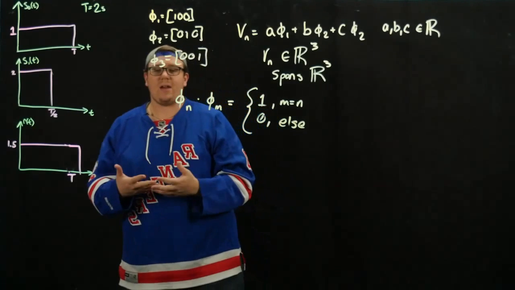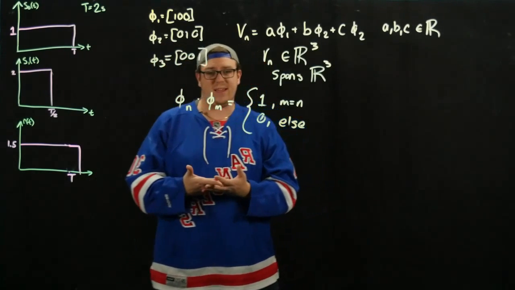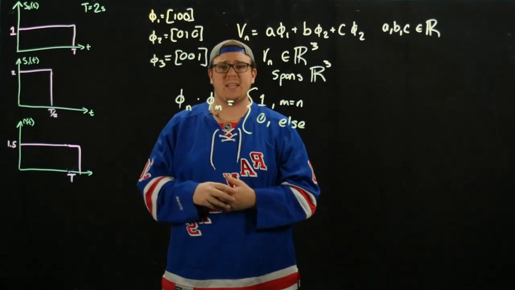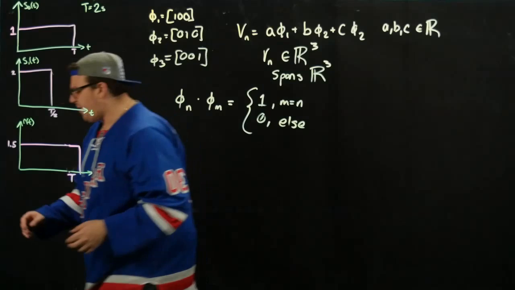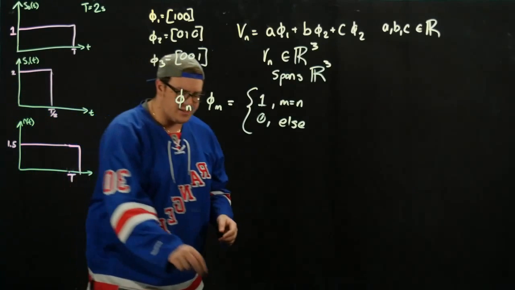But how do we define any of this for time-varying signals? Well, the first thing we want to do is define what the dot product of two signals is.